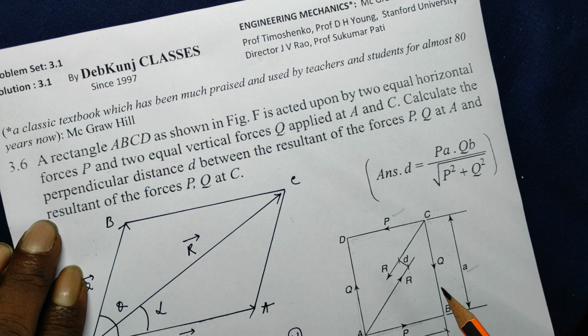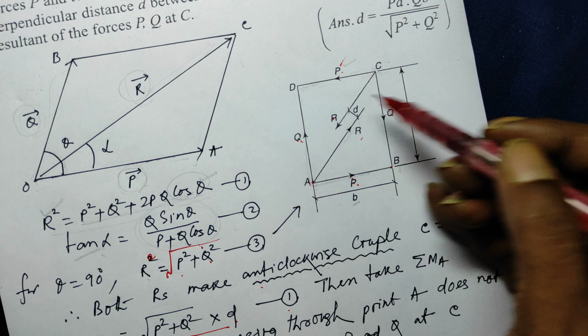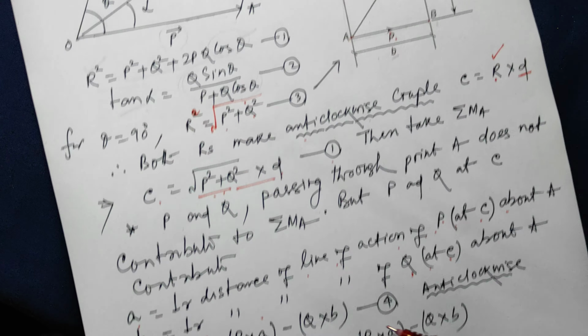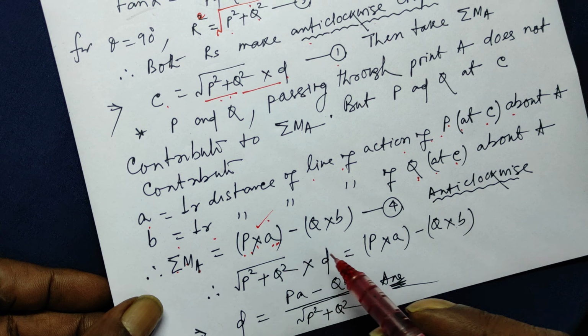So, sigma MA, the sum of the moments about point A: P times A will be anticlockwise. Then we subtract Q times B, and this Q times B will be clockwise.